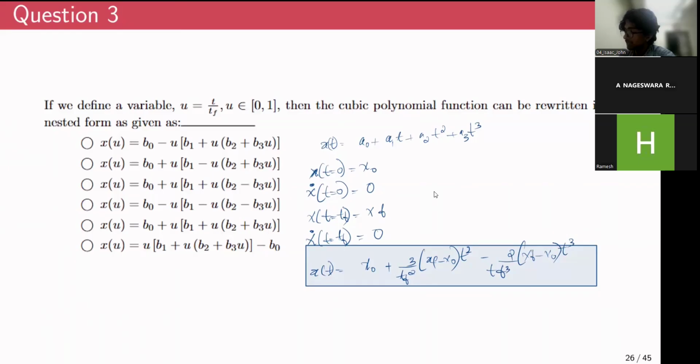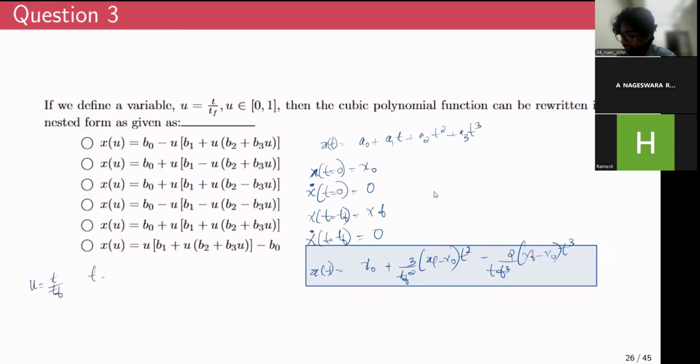The problem with this expression is that if your time for your trajectory is very large, the terms tf square and tf cube would be even larger, and as a consequence, these terms would basically tend to zero, and you would probably not get a very good representation. So what you do is normalize your time using the substitution u as t by tf.